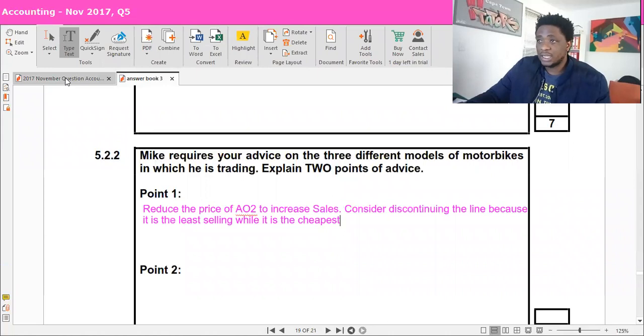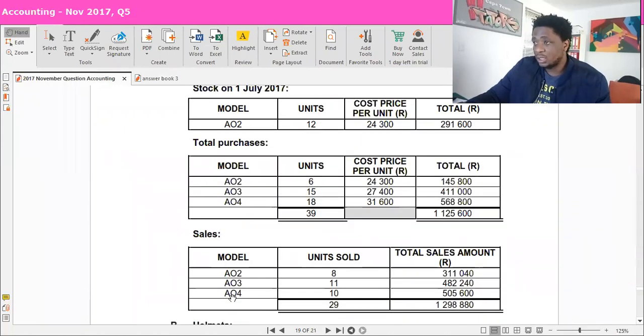And then I identified also something about the AO3. I think it's doing very well. I mean, we bought 15 units and we sold 11.